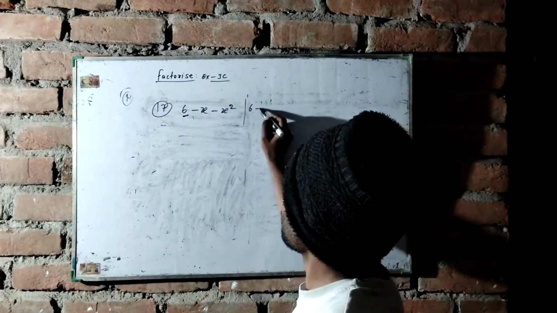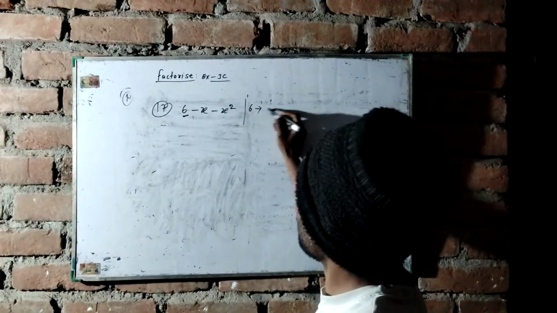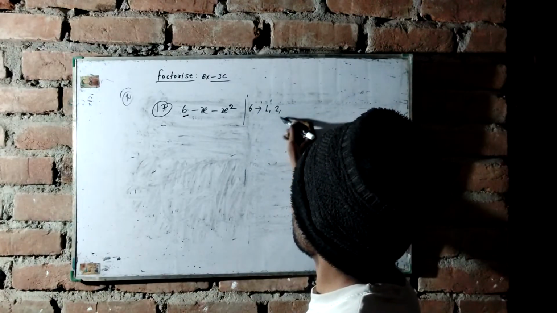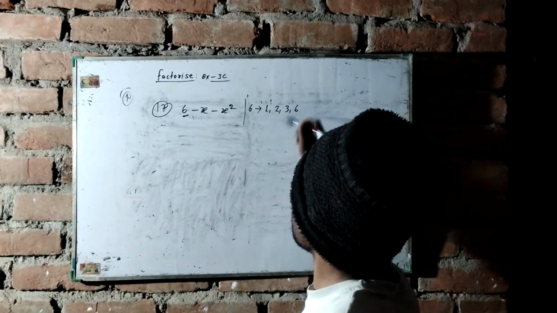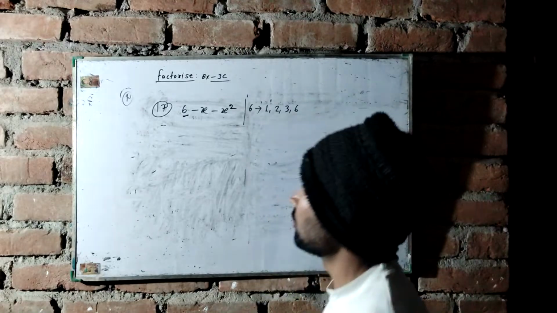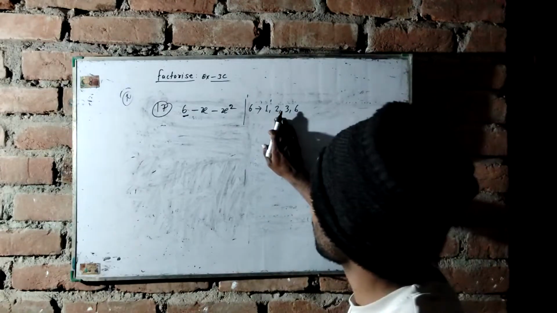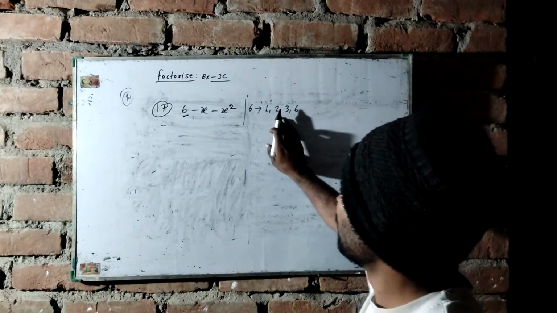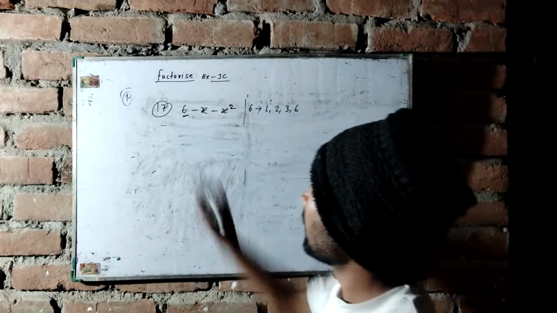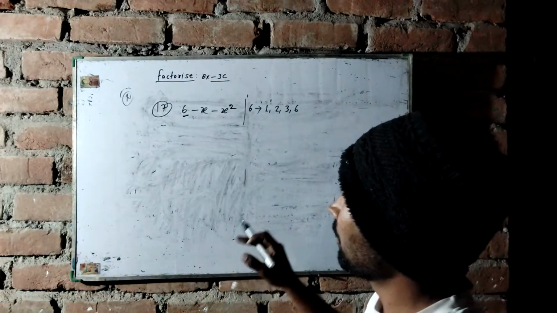So all factors of this number will be 1, 2, 3 and 6. Now we have to choose two numbers from here whose product will be plus 6 and their sum or difference will be minus x.